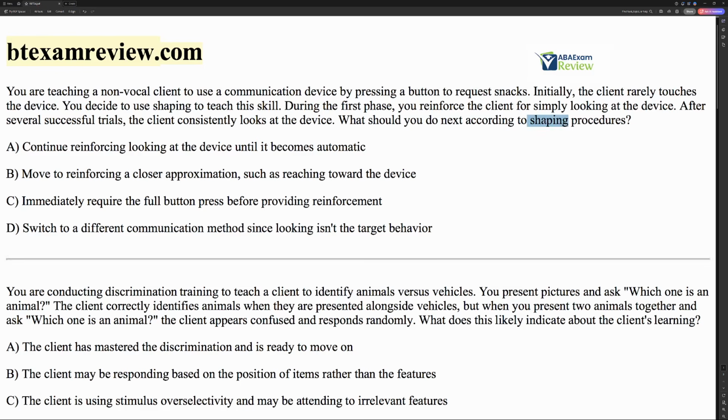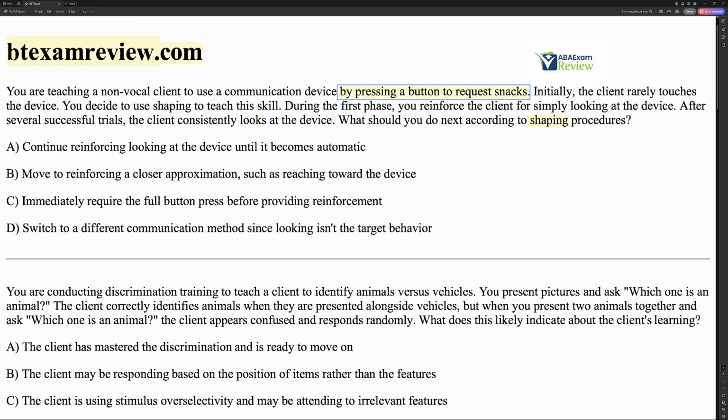Starting with a pretty straightforward shaping question. Remember, shaping is reinforcing approximations of behavior until we reach our final terminal behavior. And what we mean by approximations are steps and responses that get closer and closer to our final behavior. In this case, we want to teach the client to press a button to request snacks.